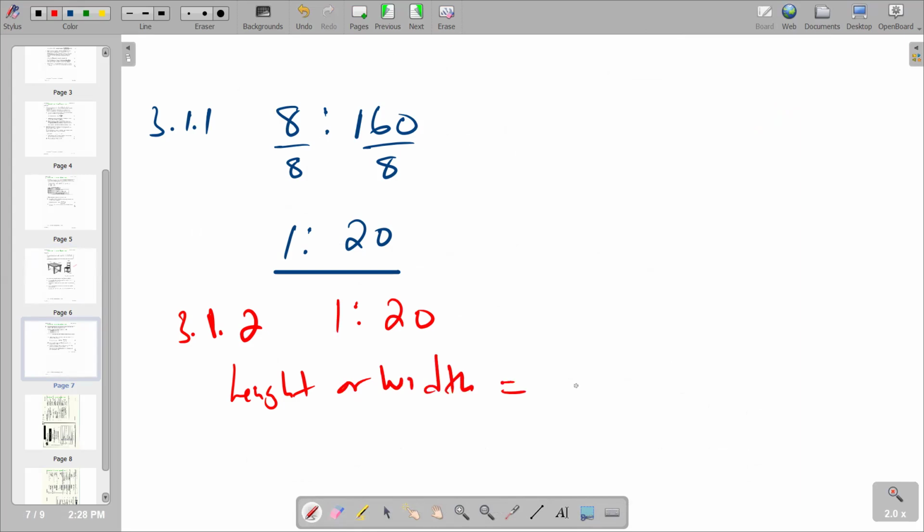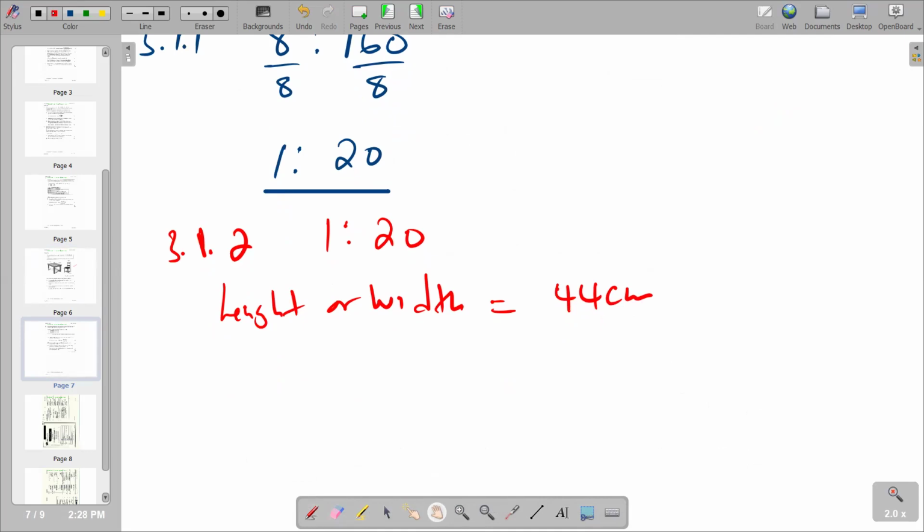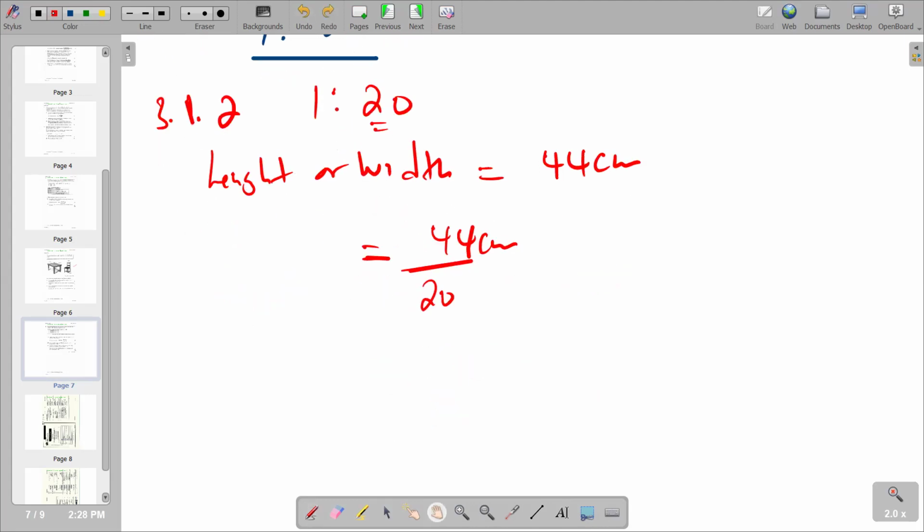If you try to convert it to scale, we are supposed to divide it by 20. So we say 44 centimeters divided by 20, and your answer becomes 2.2. So it's going to have a scale of 2.2 centimeters. So this is what we have.